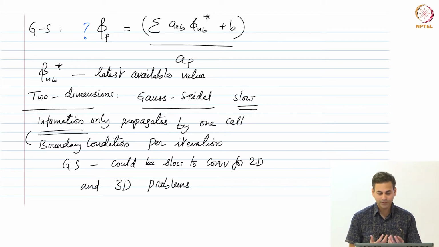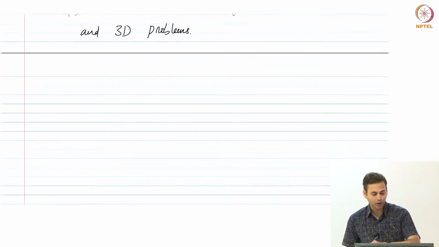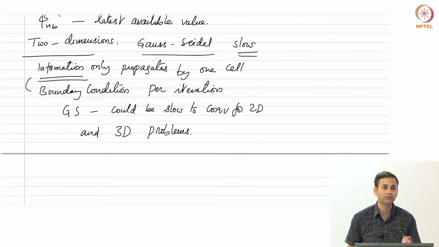If you are looking at a 2D problem, then how does your discretization look like? Your discretization will give you a matrix that has 5 non-zero diagonals, right. Non-zero coefficients on the 5 diagonals is what would be there. So, one way is to of course develop a solution algorithm that is similar to the Thomas algorithm, but for a pentadiagonal matrix, but that would require a lot more effort.